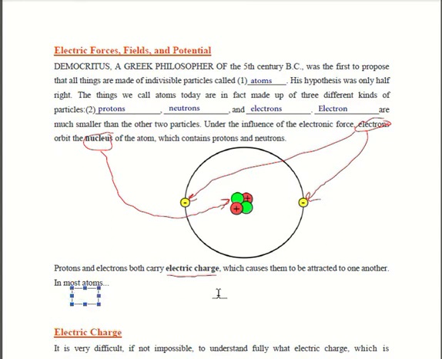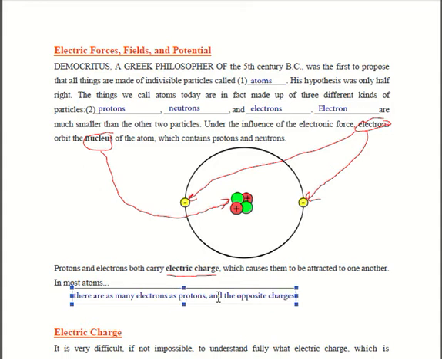So we'll say that in most atoms, there are as many electrons as protons, and the opposite charges that these two have kind of balance each other out. So even though it's made up of things with positive and negative charges, they balance out so there's no overall charge.